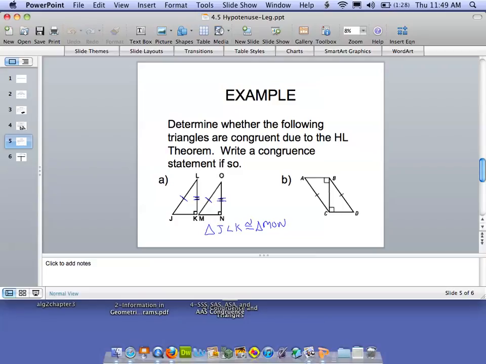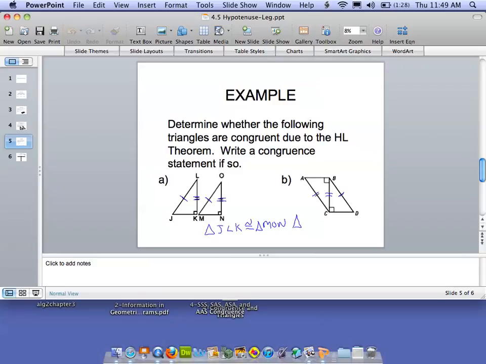Now on part B, we have 2 right triangles and we have a hypotenuse congruent to a hypotenuse. But we also know that they share a leg. So by the way that was drawn, I would say, yes, I have hypotenuse leg. Now be careful when you write your statement.